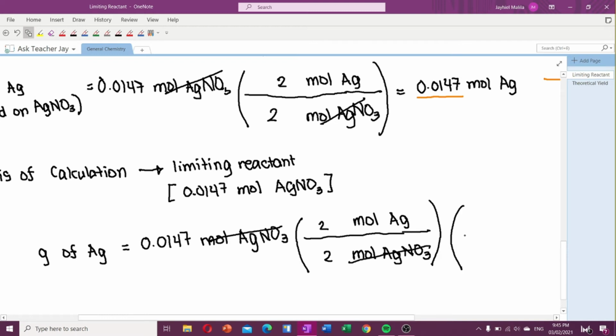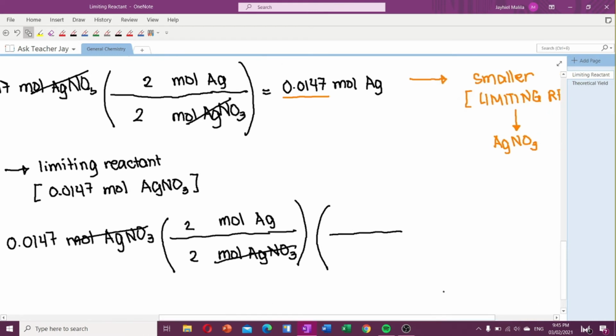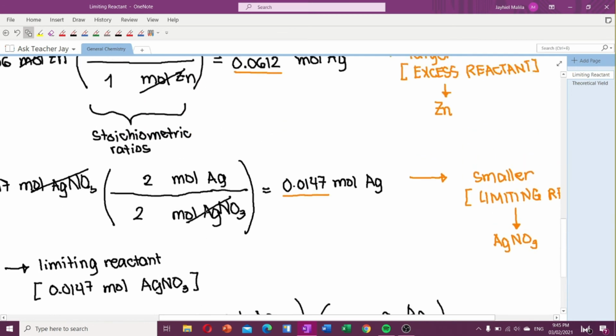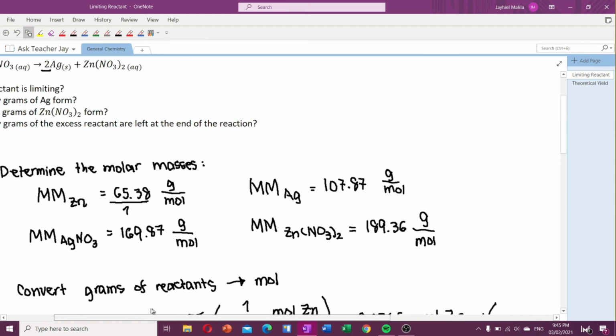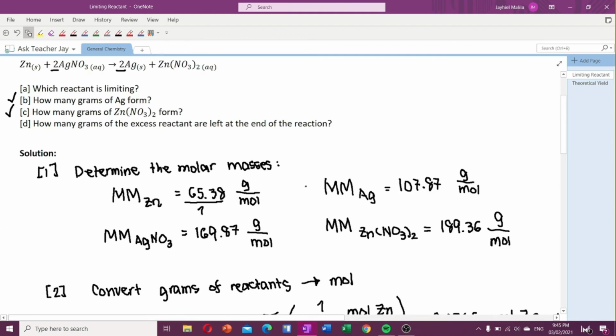And then the next thing that we're going to do is to convert the moles of Ag into grams of Ag because that's what we're looking for. To determine the grams over mole, we have already calculated the molar mass earlier, which is great, since we don't need to calculate it again. The molar mass of Ag is 107.87.